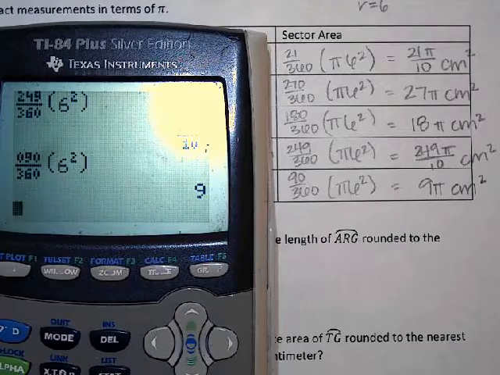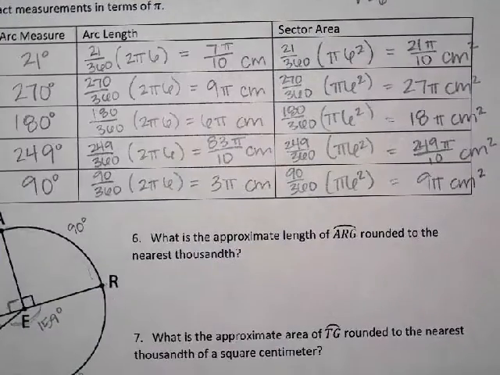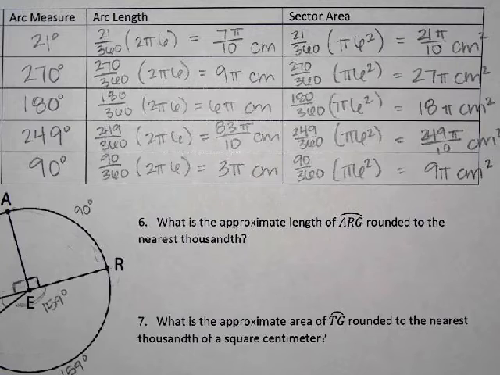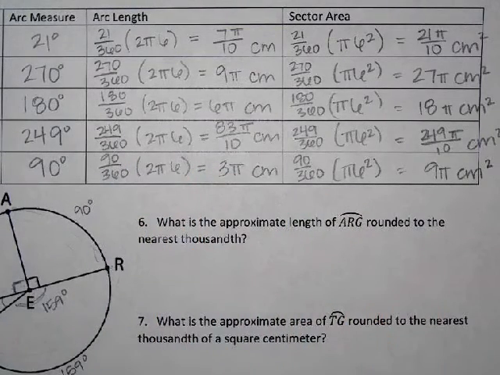All right. Next one says, what is the approximate length of the arc ARG if you round to the nearest thousandth? So at this point, they're just saying take the formula, but if we're rounding to the nearest thousandth, we're not leaving pi in the answer, we're plugging pi into the calculator, and we want the whole decimal answer.